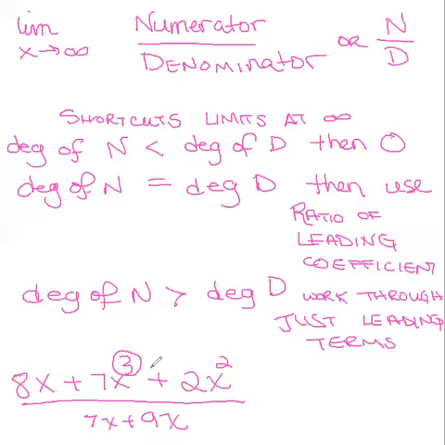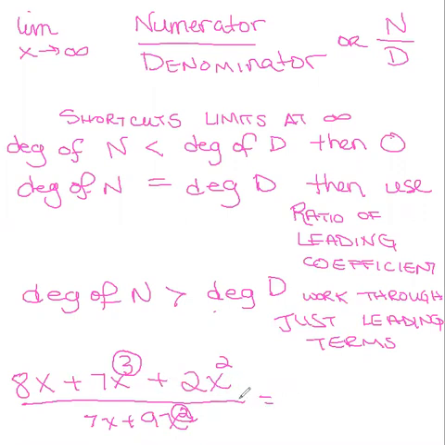So in this case, let's just say that was 2. Now, the degree of the numerator is 3, and this is still the degree, this term, but it's 2, and that's less than the degree of the numerator. So we're just going to work through using only the leading terms. We're just going to consider the leading terms, and we'll work through that.